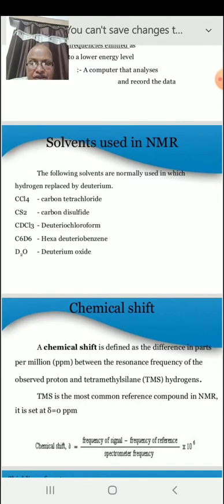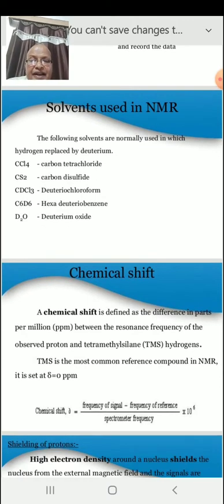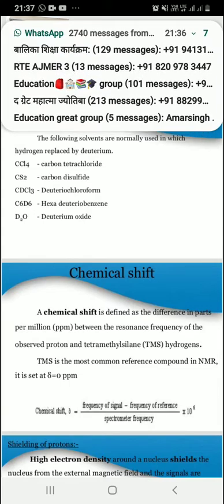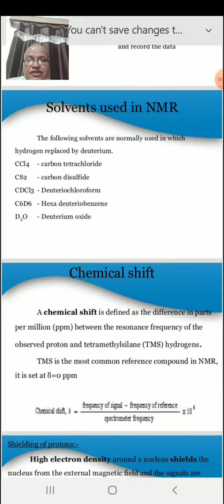What is chemical shift? A chemical shift is defined as the difference in parts per million, that is ppm, between the resonance frequency of the observed proton and tetramethylsilane TMS hydrogens.